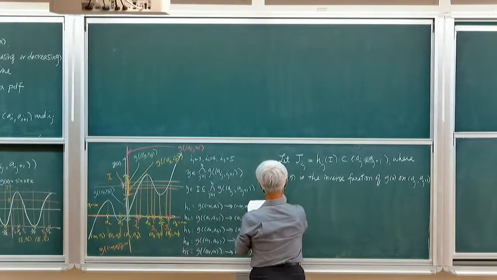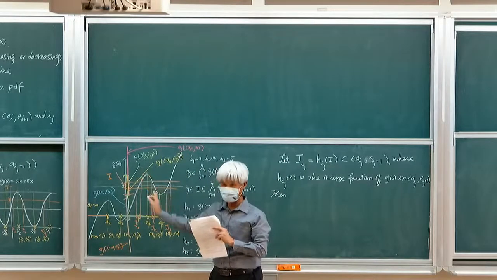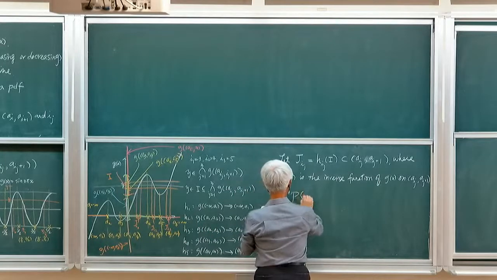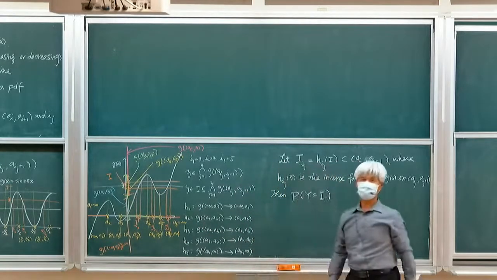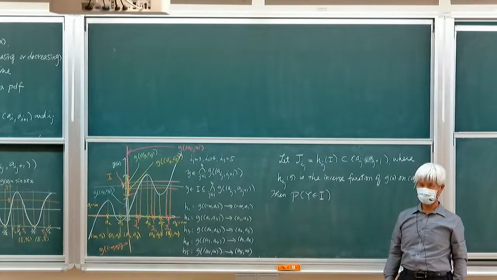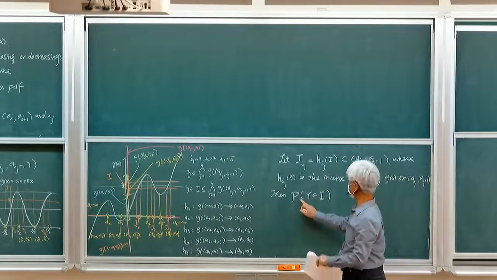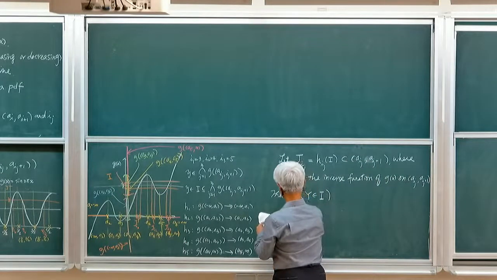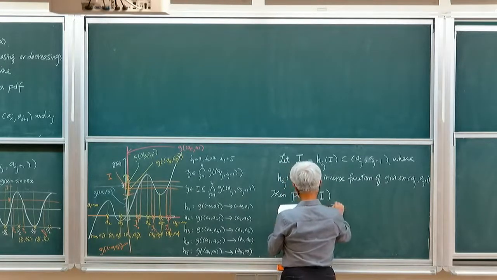Once we figure out all this relationship, now the probability that Y is in the interval is equal to the probability that X is in the union of the J_ij.